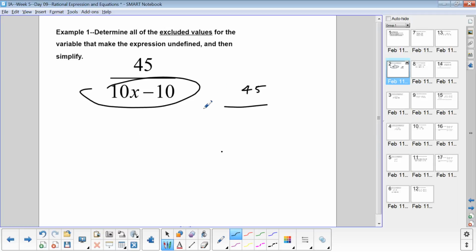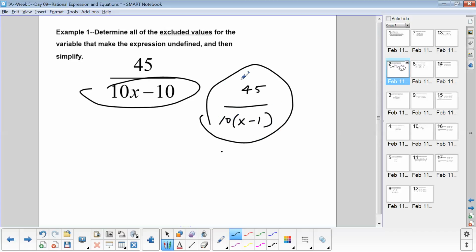Okay, so we're going to rely on quite a bit of our factoring skills from exam 1 to simplify rational expressions for this video. Well, they both contain a factor of 10, so I can divide each by 10, and I get 10 times x minus 1. I'm finished with my denominator factoring, but now I also want to look at, can I simplify the 45 tenths?